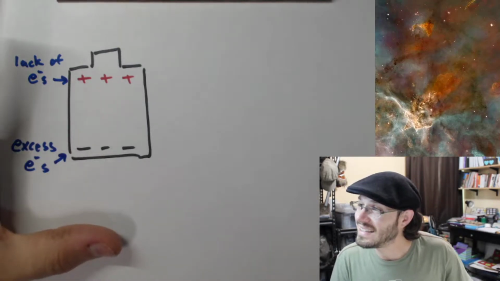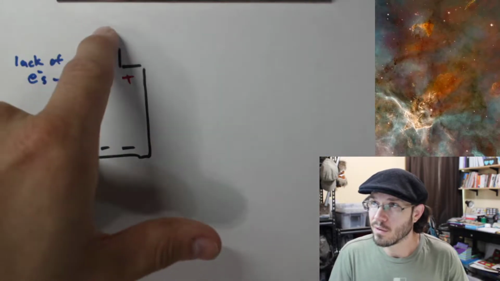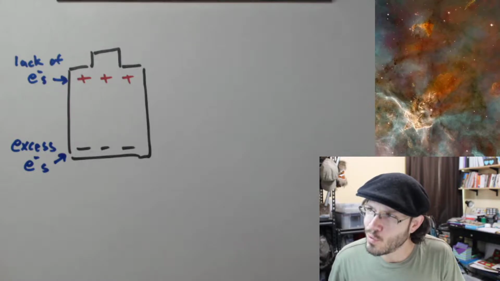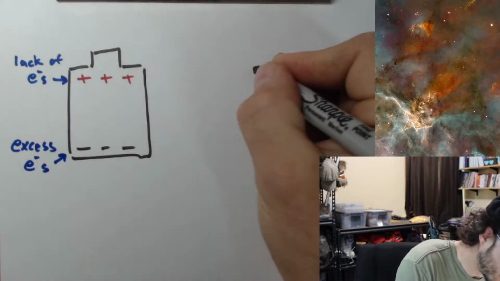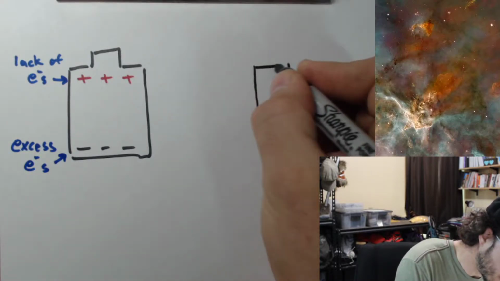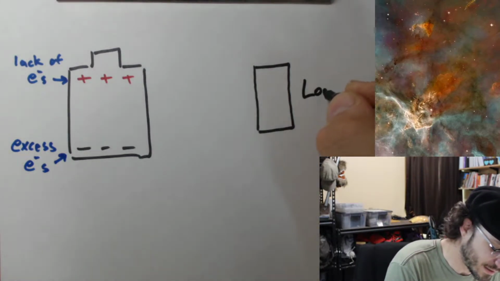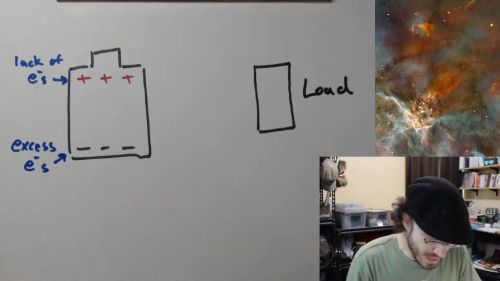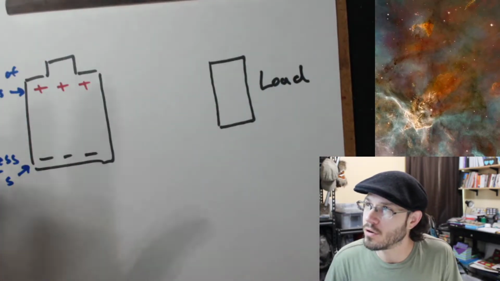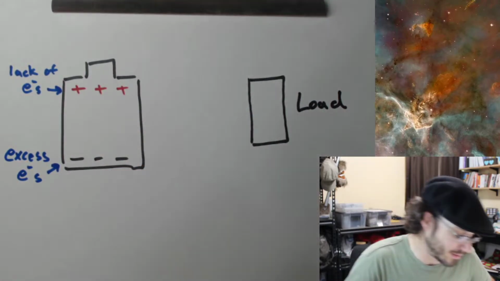Okay, and as this sits here, it does nothing until we provide two things. Something to do work on, we will call this a load, and we need a way for electrons to move through the thing that we want to perform work on.